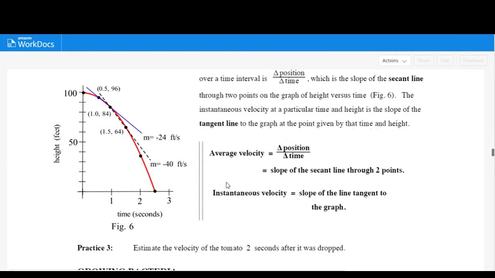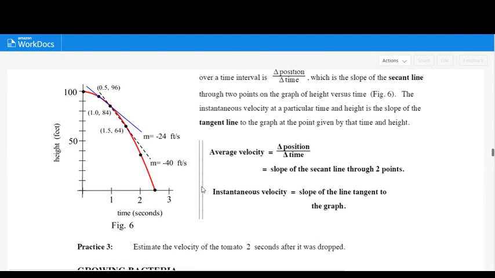So kumbaga, if we say average velocity, that is the slope of the secant line through 2 points. Kung instantaneous velocity naman, that is the slope of the tangent line to the graph. So again, if we say secant line, 2 points yung na-touch niya. And then if we say tangent line, isang point lang sa graph yung na-touch niya. So yan, kung 2 points, that's for the secant line. Kung instantaneous velocity, that's the slope of the tangent line.